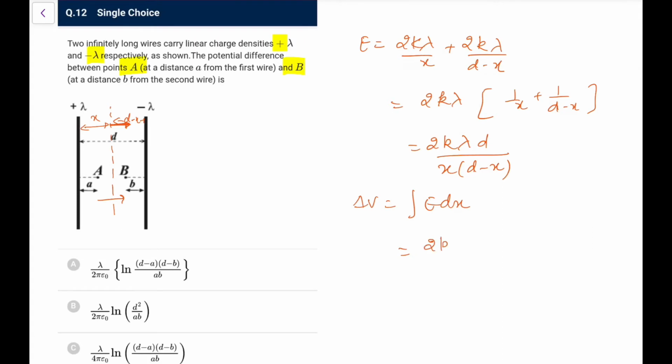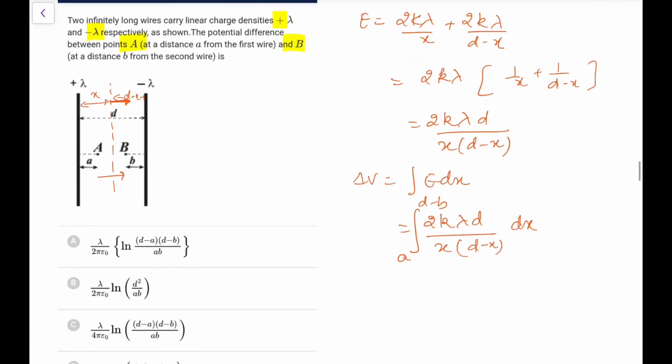I have to find it, it would be, let's say, E dx magnitude. So E would be 2k lambda d upon x into d minus x, dx, and the limit of x will go from a to d minus b. So now if you do integration, you have to convert it into this form, that would be better. So I take 2k lambda common and the integration I can write as 1 by x plus 1 upon d minus x, dx from a to d minus b.